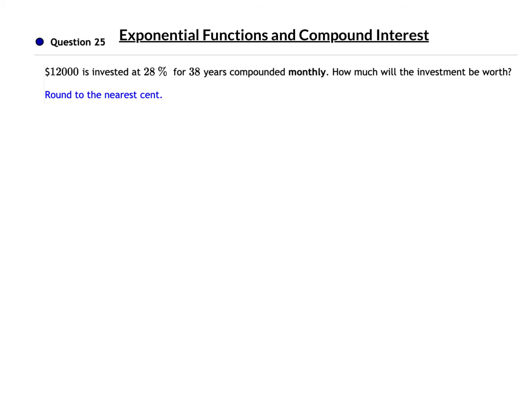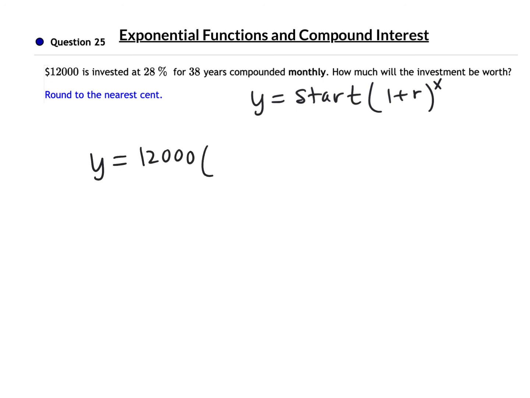Question 25 is another monthly question. That's where we'll take our standard form of an exponential and modify it to fit the situation. Here we get y equal, we're starting with 12,000, 1 plus 28%. It's monthly. You get money in your account every month, so it gets divided by 12. Going to the power of 12 is 1 year.